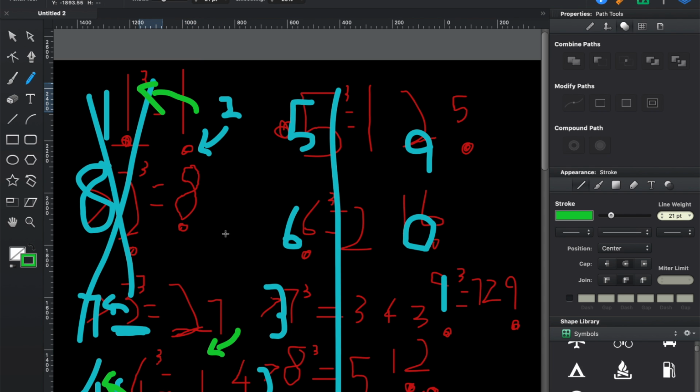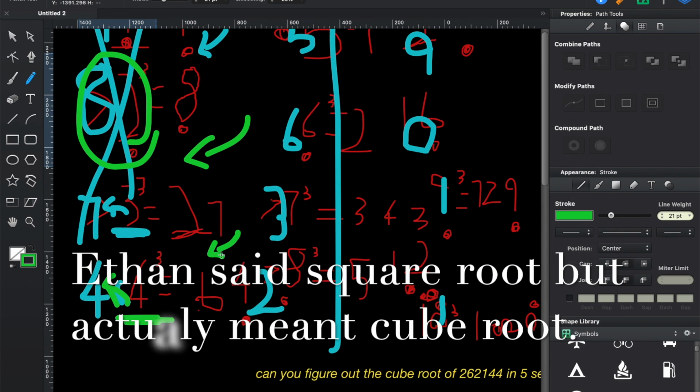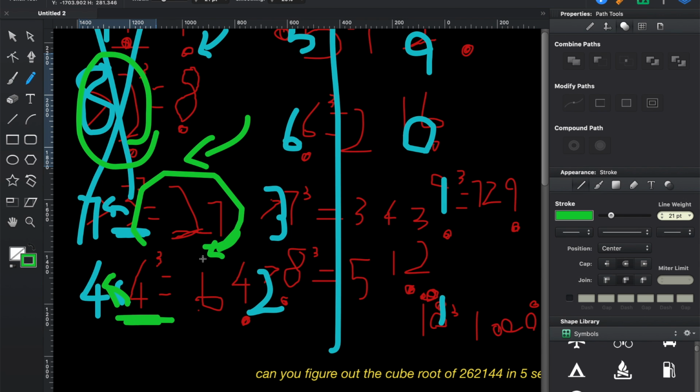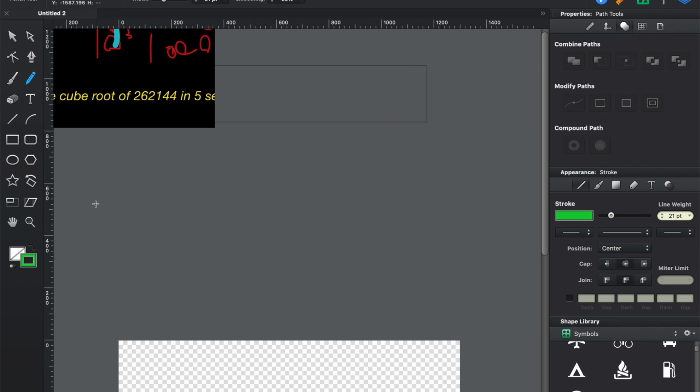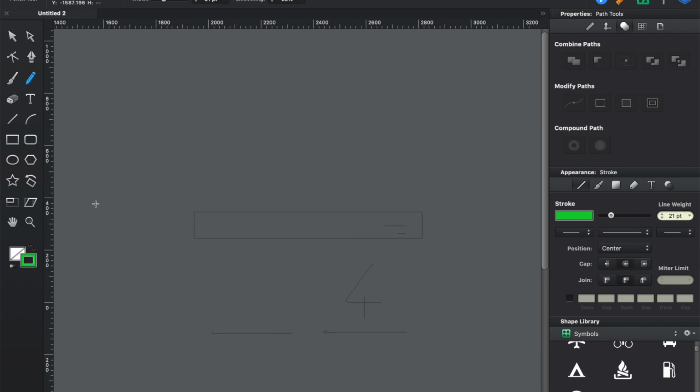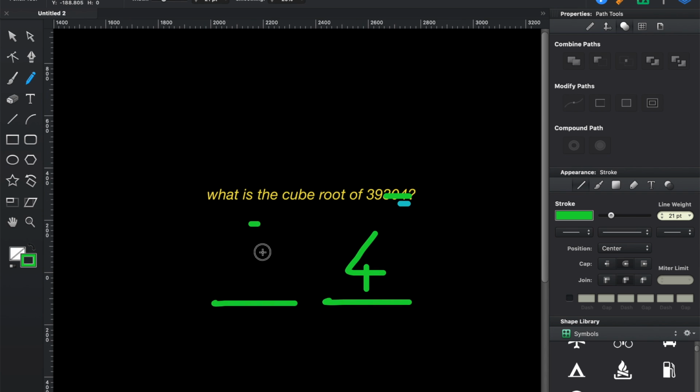If it was right here, then you'd go for 8, and what is the cube root of 8? It is 2. But now it's right here, so you'd say 27. What is the cube root of 27? It's 3. So it's going to be 3 something, and we figure out what that other something is. So it's going to be 34.